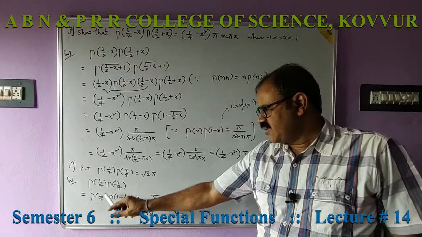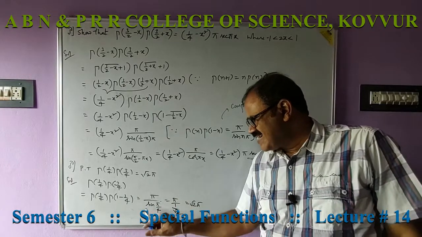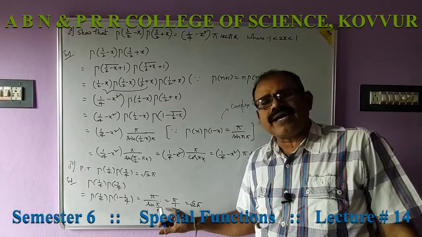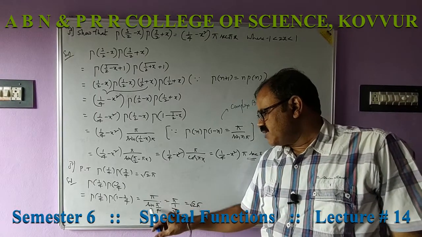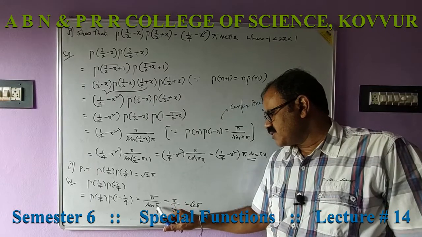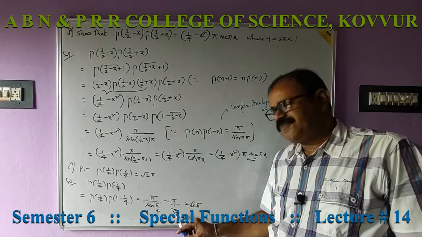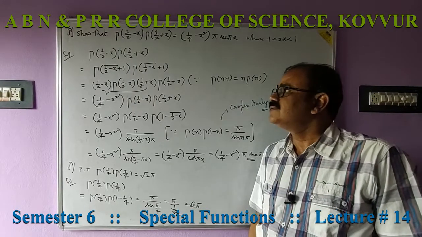In place of n, you have 1 by 4. Therefore, this is pi by sin of 1 by 4 pi, that is pi by sin pi by 4. As you know, sin pi by 4 is 1 by root 2, so that is root 2 pi.